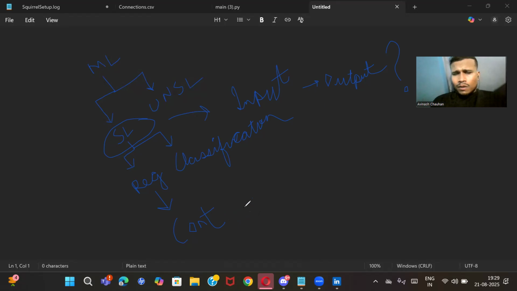Again, what do you understand by linear regression, the term itself?